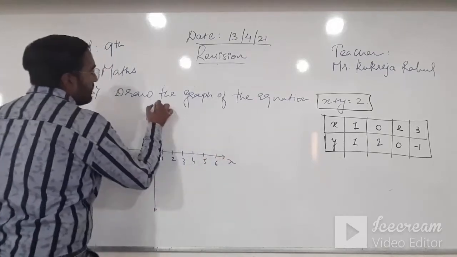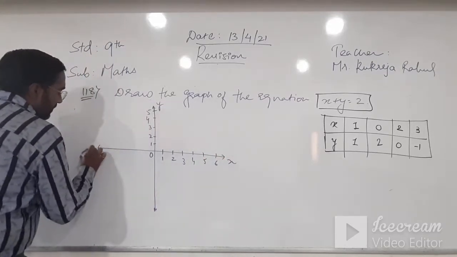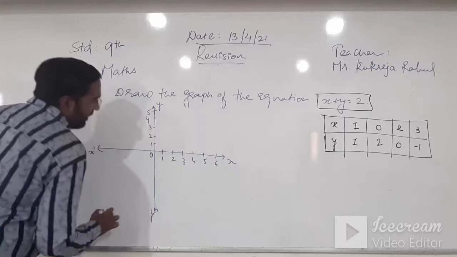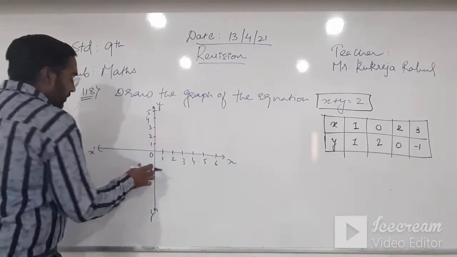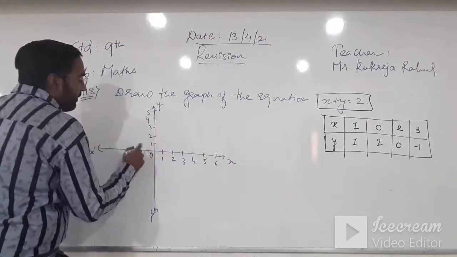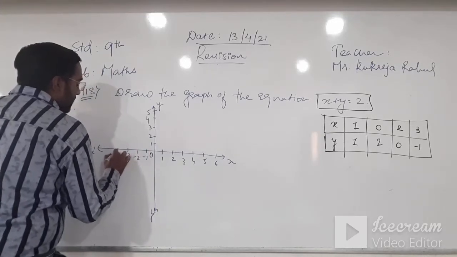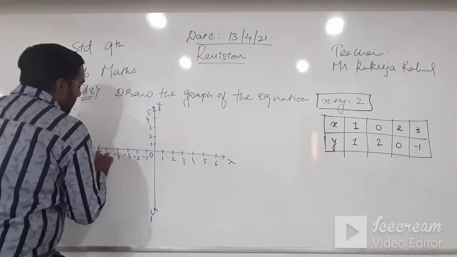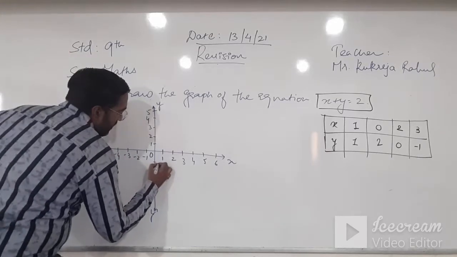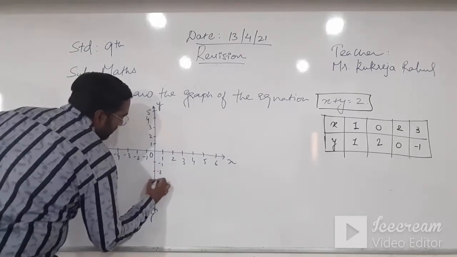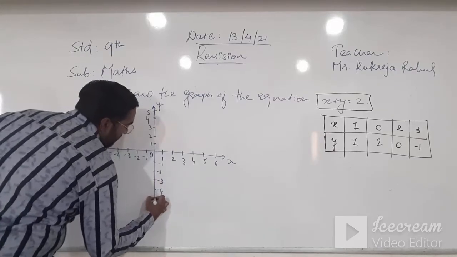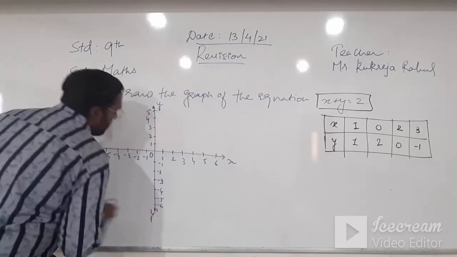This is my x-axis, this is my y-axis, this is my x prime, and this is my y prime. Okay? All of you must write it in this way. Minus 1, minus 2, minus 3, minus 4, minus 5, and minus 1, minus 2, minus 3, minus 4, minus 5, minus 6.